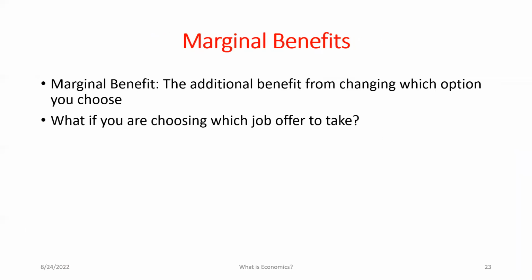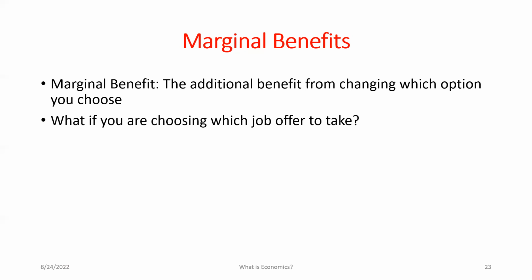If I had two job offers, job one is $50,000 in salary and job two is $60,000, the additional benefit from choosing job two would be an additional $10,000. So once again, marginal is not just what the total benefits are, but what are the additional benefits by choosing the second job relative to the first one?